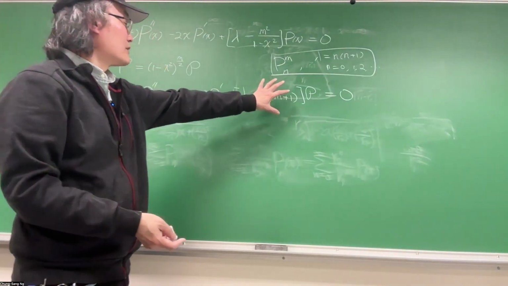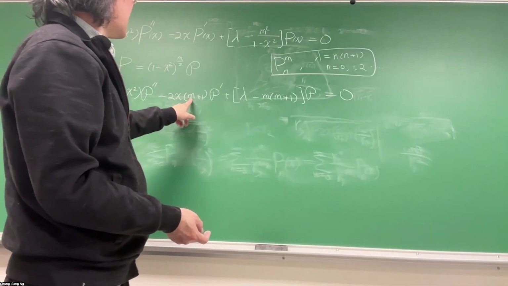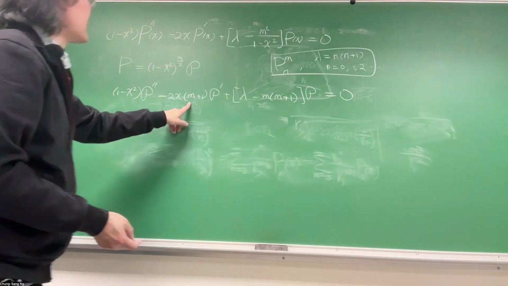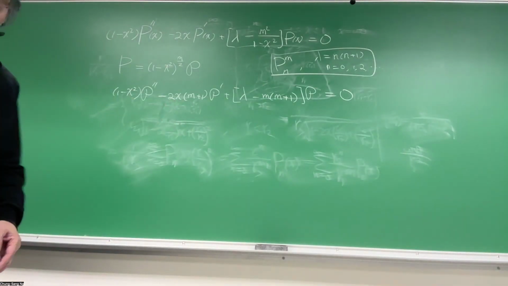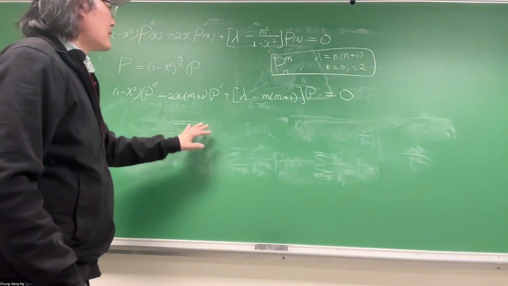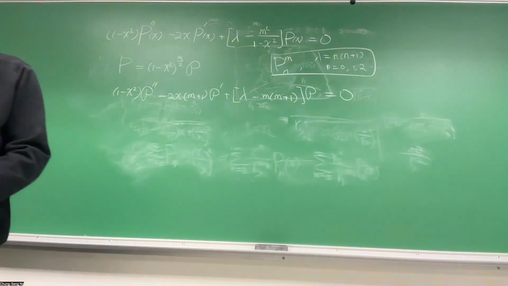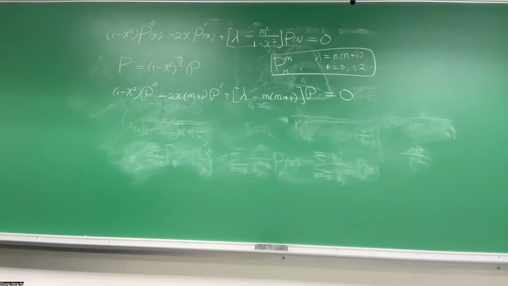Remember the Legendre equation is just without this term, setting m equals 0. Then you get the Legendre equation. Now the solution for this follows the same way: you can first look for a series solution.